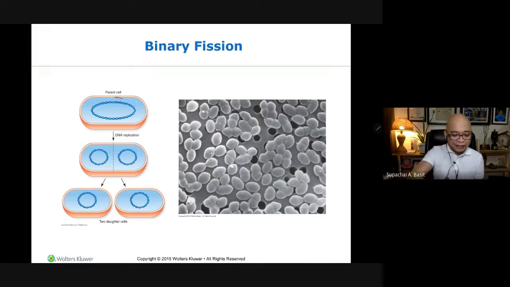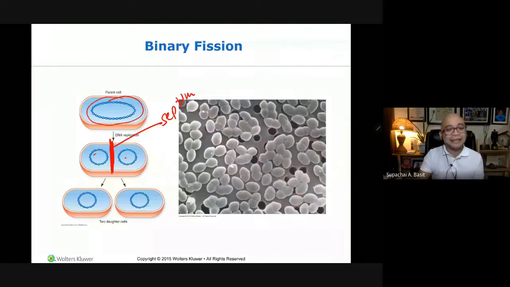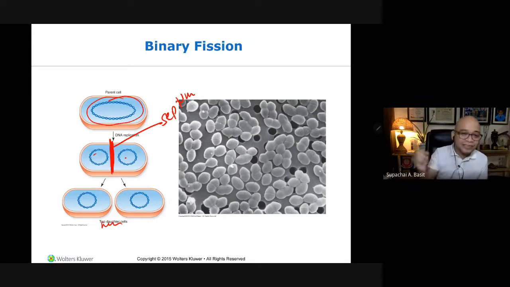After the genetic material or the DNA is duplicated, there will just be a septum in between these two duplicated DNA, and they will simply split into two daughter cells. But because we are gender sensitive, we will no longer call them daughter cells, but progeny. So there would now be two progeny.